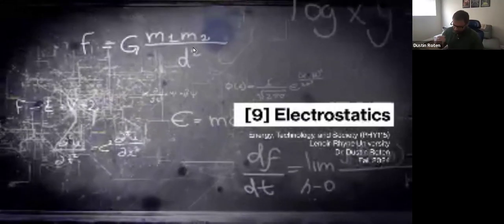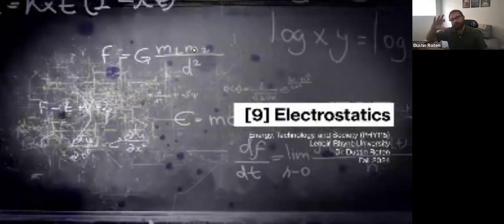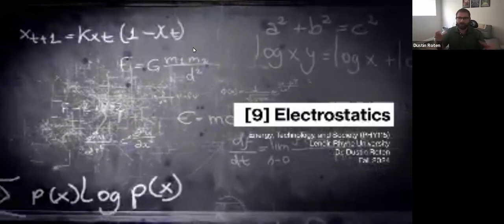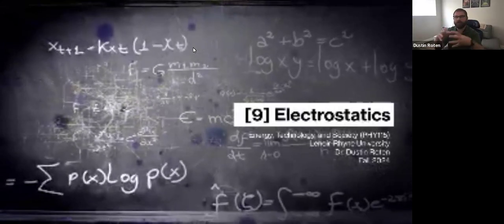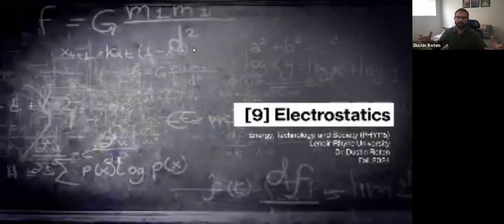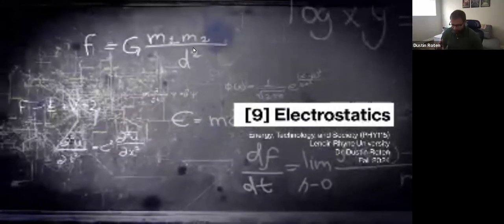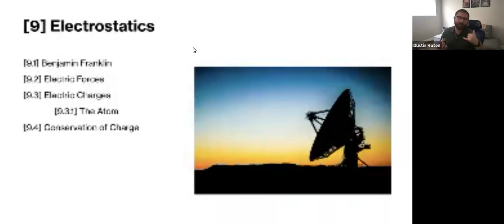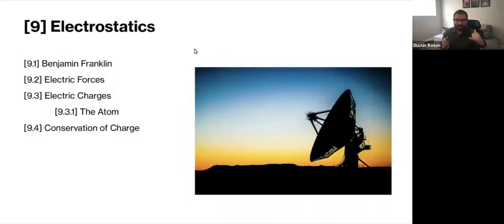So we'll start with electrostatics, which is essentially just charges that aren't moving, but they do have a charge, so they attract and repel things around them. The four topics we'll cover in this first lecture: first, quickly discussing where these ideas came from, so Benjamin Franklin, who was a big contributor to the ideas that we still use today.